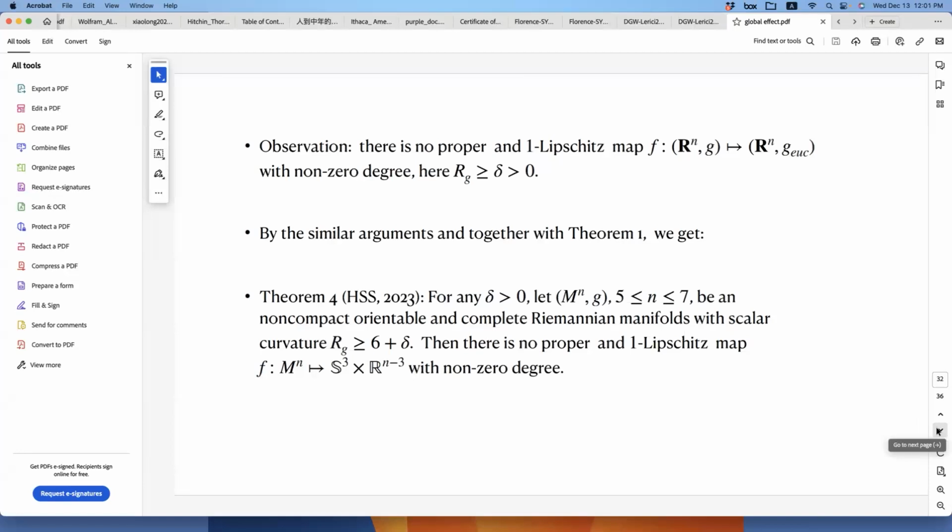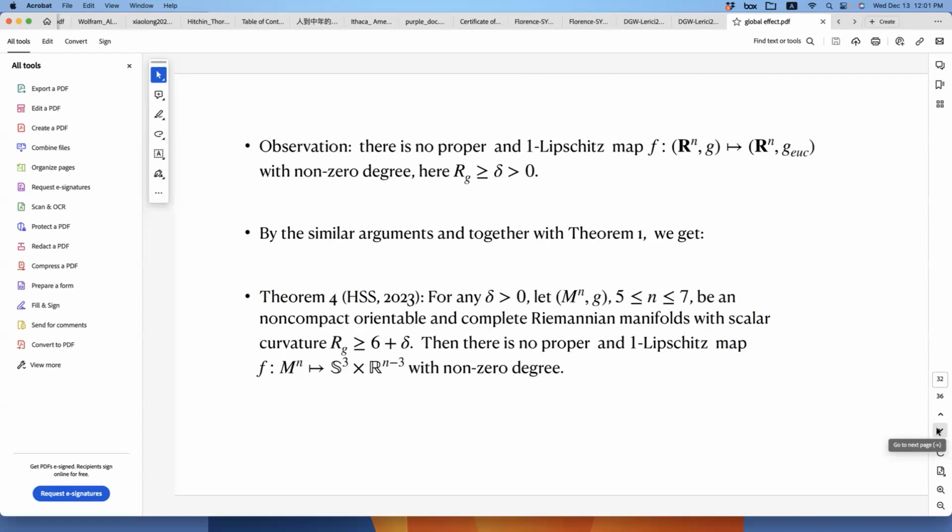I'm sorry, here g is a Riemannian metric on n-dimensional Euclidean space with scalar curvature bigger than delta. We call it uniform positive scalar curvature. Then we can show that there is no proper 1-Lipschitz map from this (R^n, g) to the standard unit sphere.